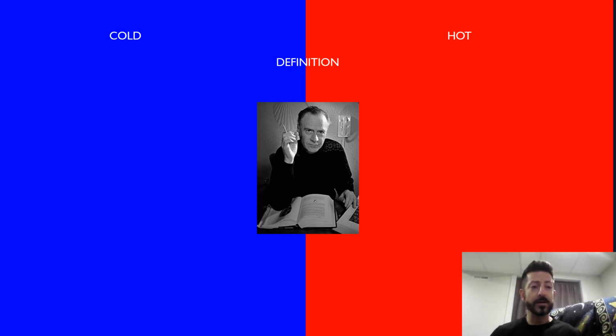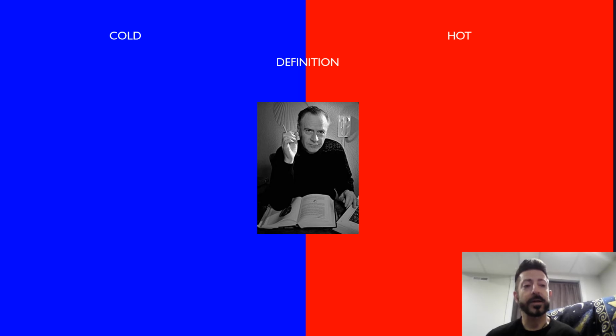So in defining what is determined as hot and cold in Chapter 16, there are a few things that McLuhan states. For example, he extended the definition of what is cold and what is hot.